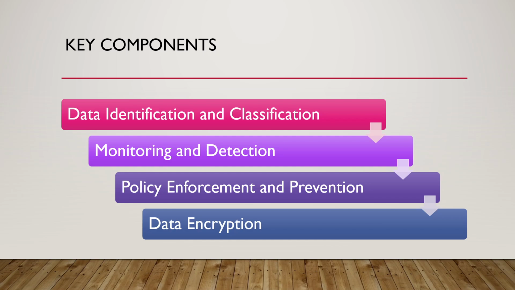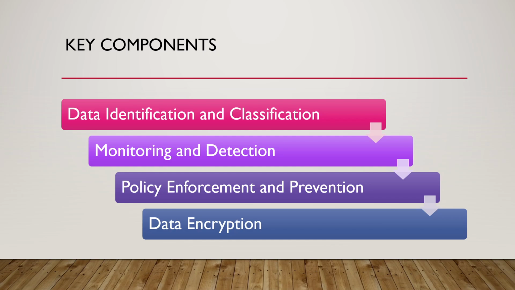DLP can scan documents and emails, and anything we are using for transit, for things like credit card numbers and sensitive information like social security numbers, and even use things like behavior analysis to help us detect when users are not doing what they're supposed to be doing.